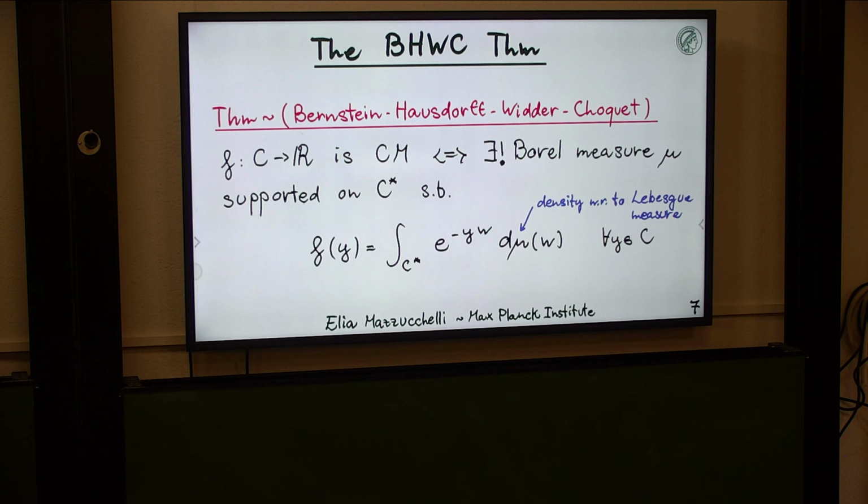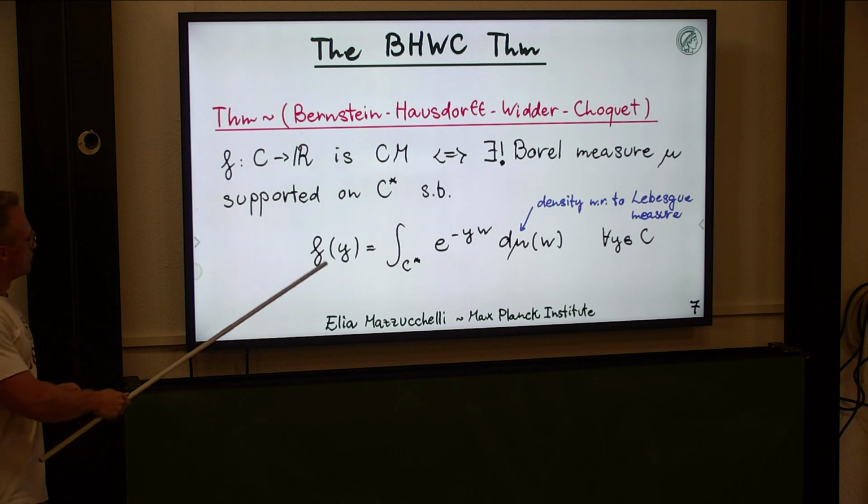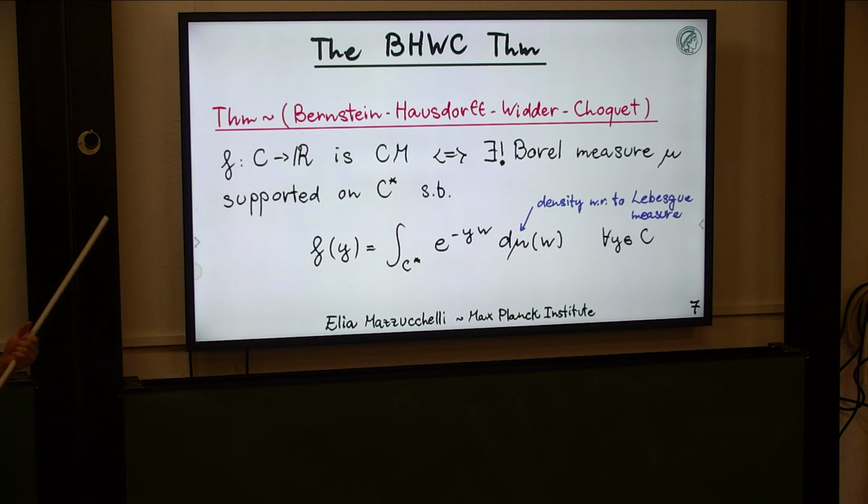And in particular, because this is a Borel measure, it is non-negative, if it admits a density with respect to the Lebesgue measure. So what I'm actually integrating is I could think of this as some probability distribution on the dual cone, and this as a partition function for this probability measure.